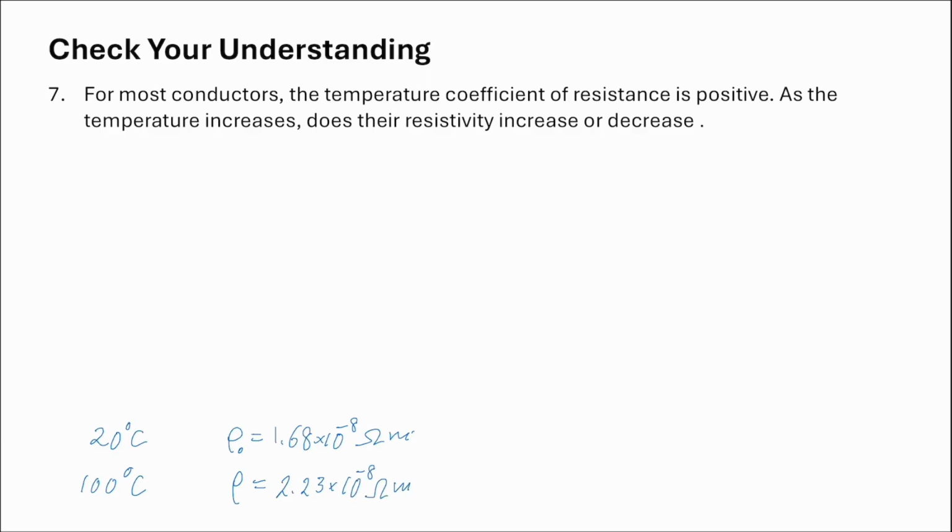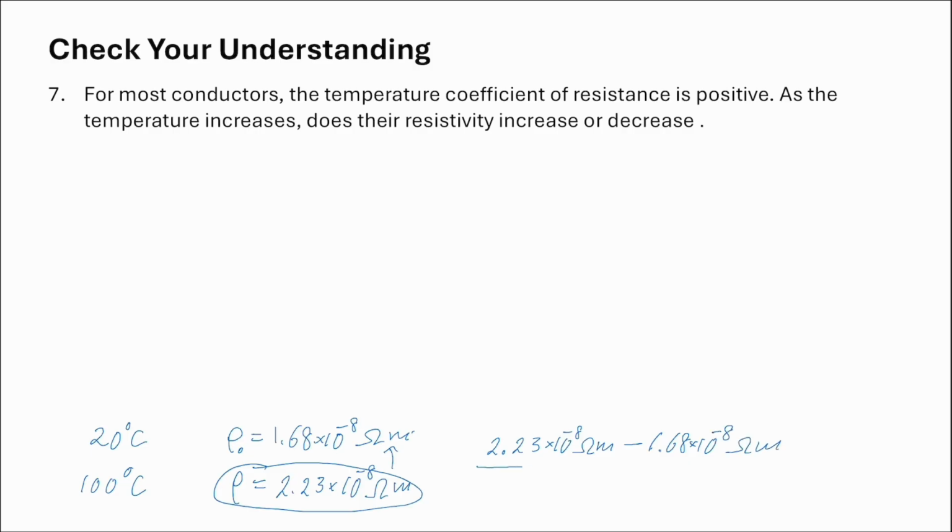So first we find the change in resistivity. Whenever we talk about the change, it is always the final minus the initial. So this is 2.23 times 10 to the minus 8 ohm meter minus 1.68 times 10 to the minus 8 ohm meter.